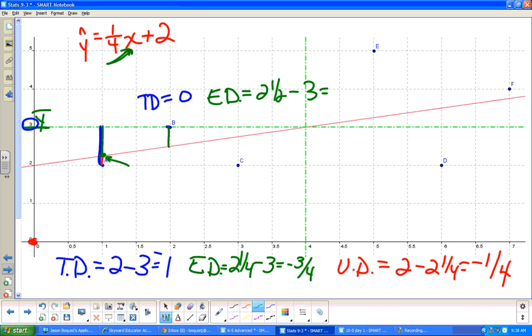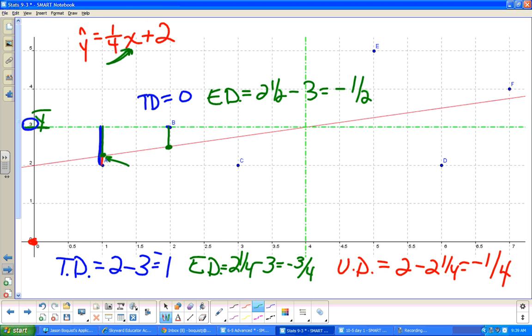Subtract the mean, which is -0.5. Because, let's look at it this way, everybody, up here. This point on the prediction is actually below the mean, correct? So that's why it's negative.